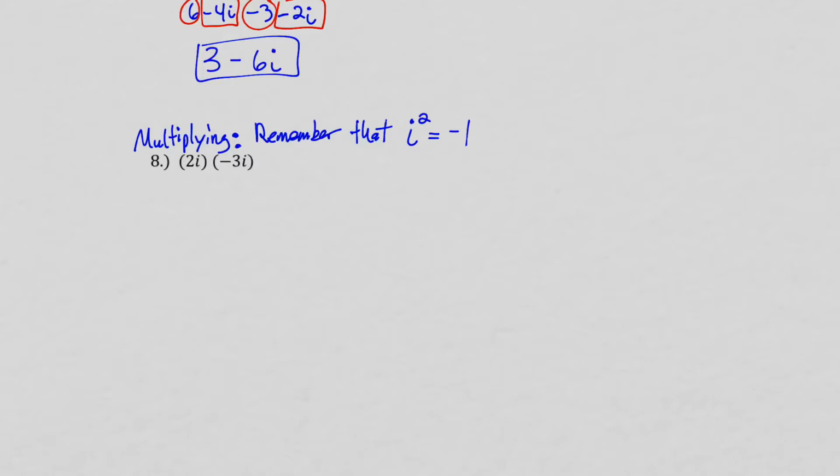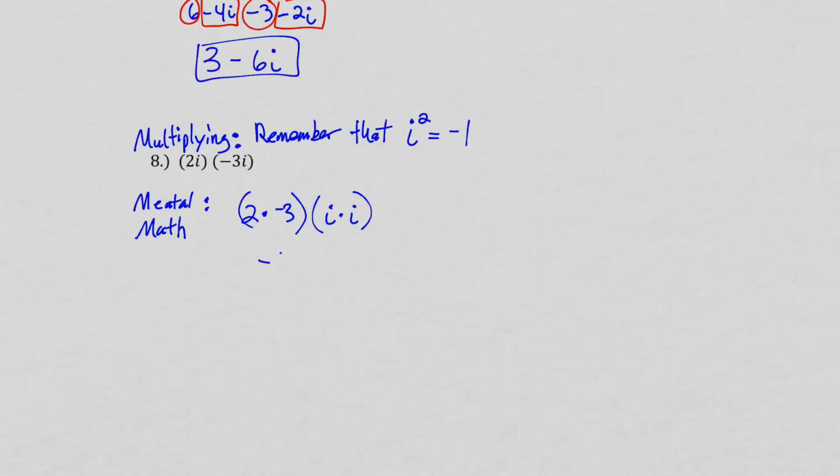Okay, so the mental math that we're going to do here is basically we're taking our two coefficients, 2 times negative 3, thinking those two are grouped together, and then basically i times i. That's kind of what's going on in our minds.